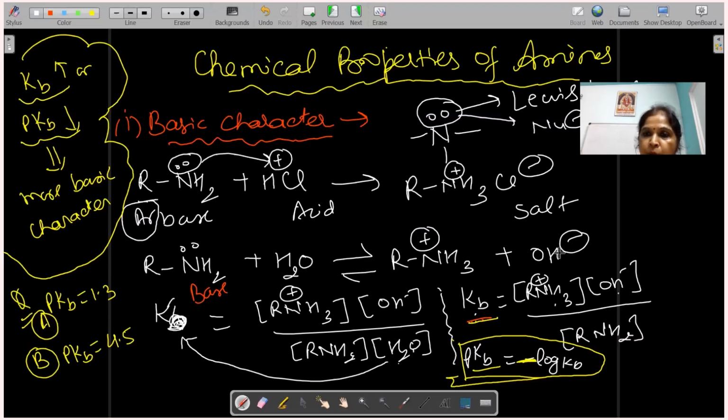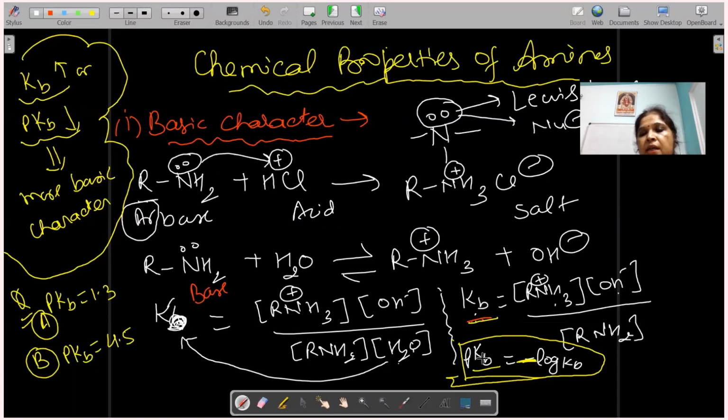That is only possible if the amine shifts in the forward direction, or simply if the amine easily accepts a proton. And if an amine easily accepts a proton, it means it is a strong base. So the Kb value decides the basic order of any amine. If the value is higher, it will be a stronger base.